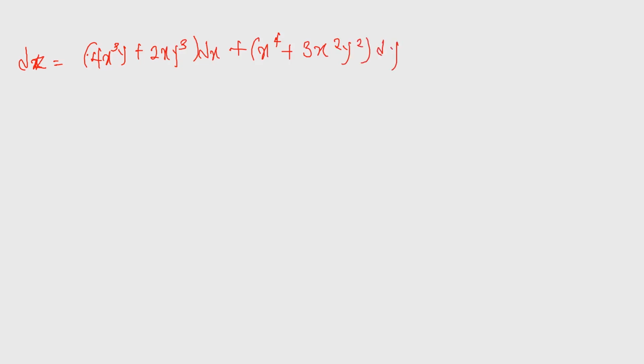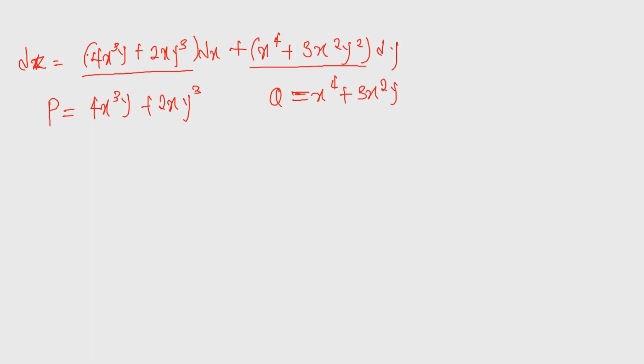Now as you can see, the whole of this expression is with dx, and the whole of this one is also with dy. So which means that my P is equal to 4x^3 y plus 2x y^3, and my Q is equal to x^4 plus 3x^2 y^2.